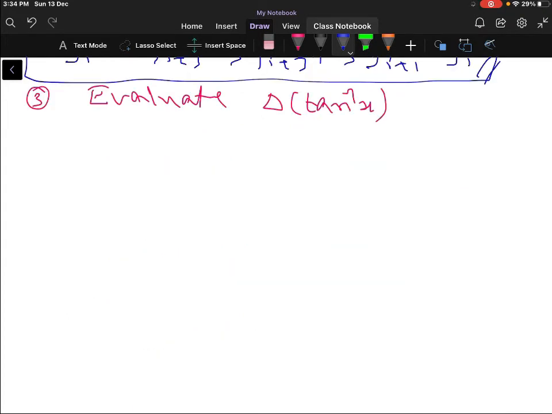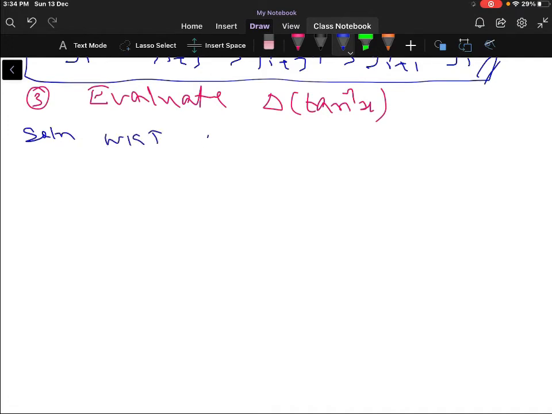So let us consider the next problem. Evaluate delta of tan inverse of x. So let us find the first forward difference of tan inverse of x. Let us move to the solution.